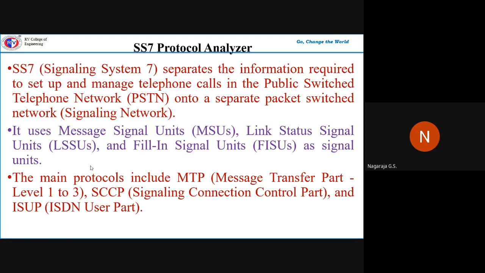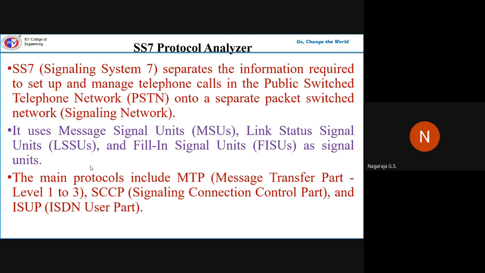Even though we have moved on to many advanced technologies, we are still using public switched telephone networks predominantly. Hence, the usage and understanding of SS7 is very much needed.